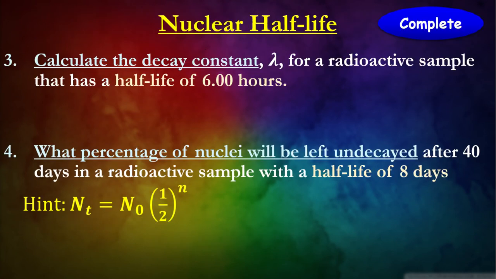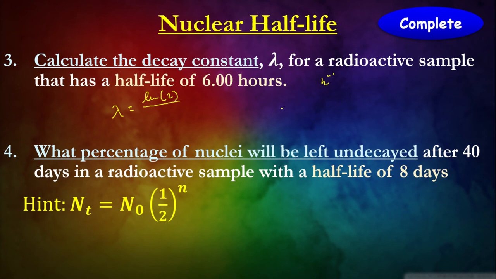Alright, the next one says calculate the nuclear decay constant lambda for a radioactive sample that has a half-life of 6 hours. So this one is a little bit more straightforward. Substitute into our equation. You can leave it in hours, but just remember if it's in hours it's per hour.